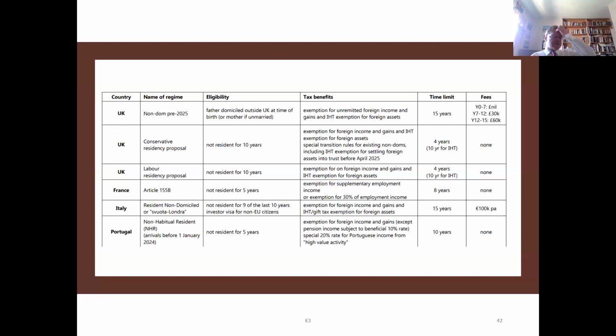So 4 years potential exclusion of foreign income and chargeable gains, no charge for it, and you can bring those gains into the UK.